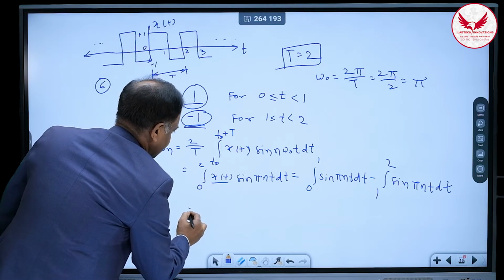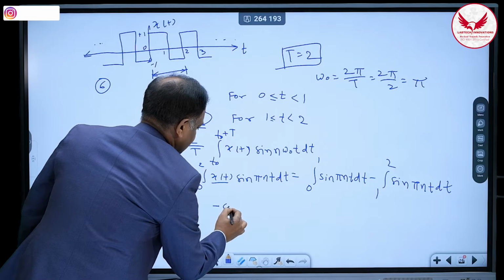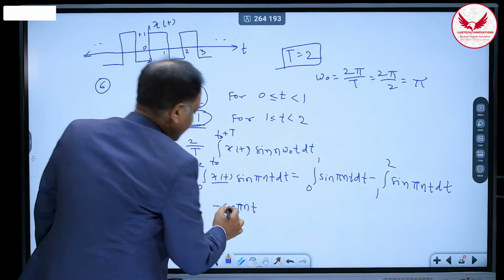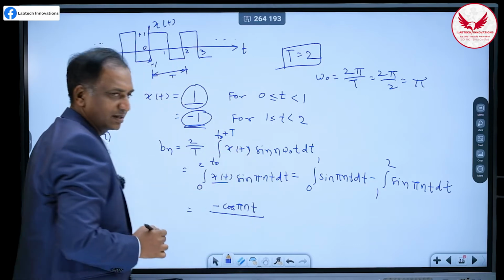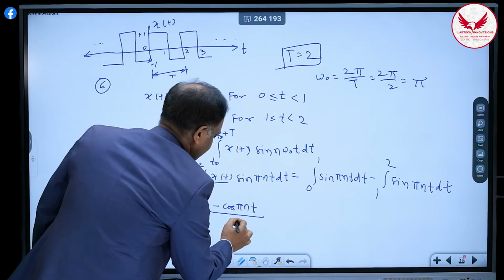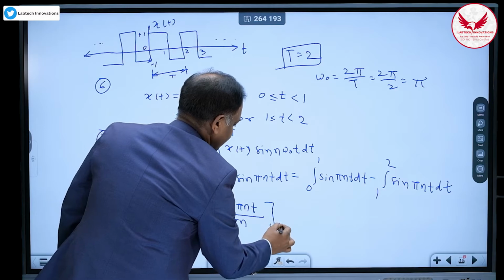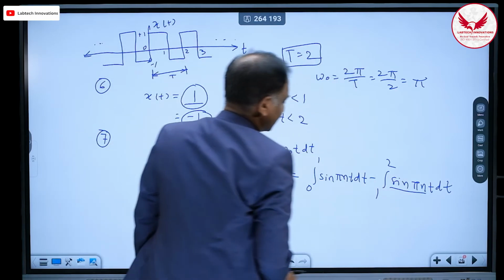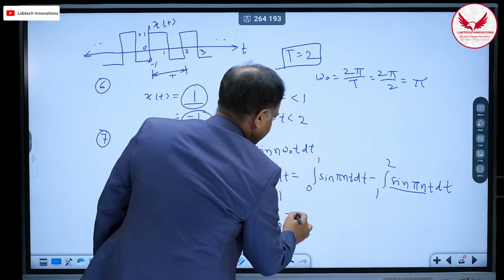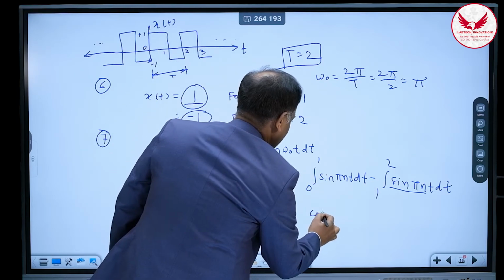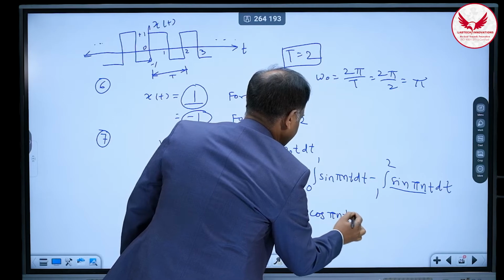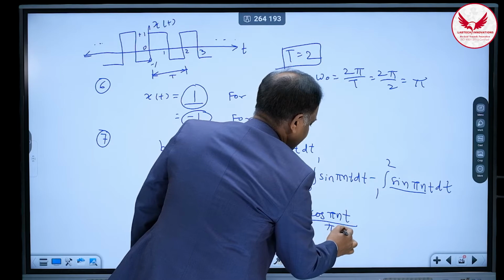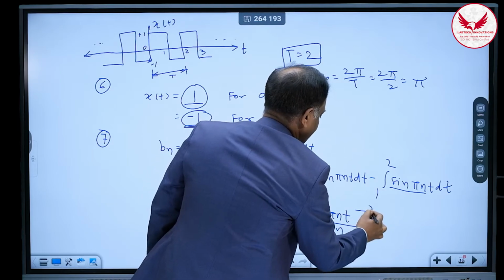So this is equal to minus cos pi nt divided by the derivative of pi nt with respect to t, which is pi n, and the limit will be from 0 to 1. Again the integration of sine is minus cos, minus minus will become plus, and it will be cos pi nt divided by the differentiation with respect to t, again pi n, and the limit will be from 1 to 2.